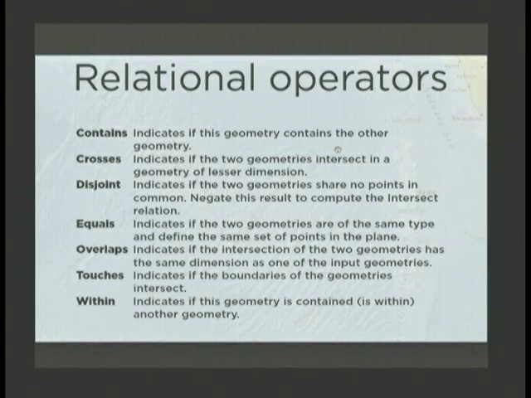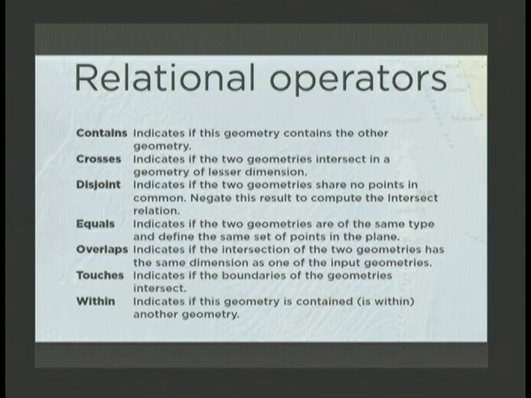Contains. I was talking about disjoint because that includes if it's on the line or within the shape. Contains means it has to be completely within. Crosses is for two lines, basically, if the two lines touch each other but they don't overlap. Disjoint is, again, if they have nothing in common whatsoever. Equals, same thing.